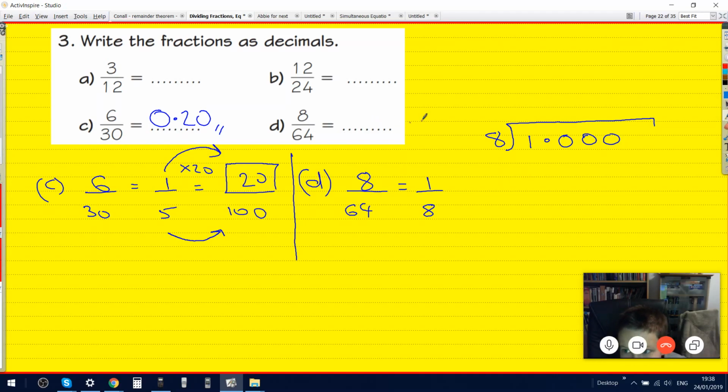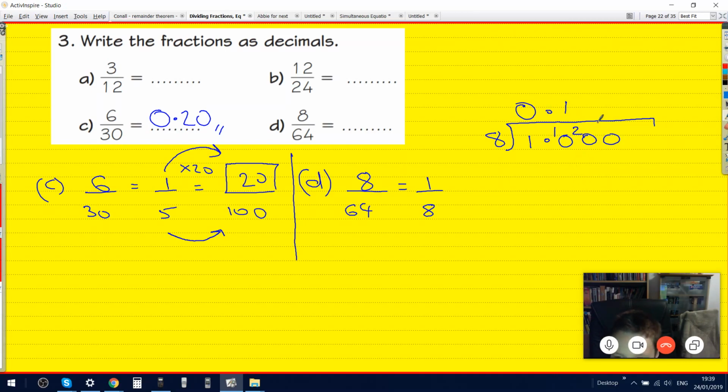And so that's 0 times with 8. Yeah, with 1 left over. How many times does 8 go into 10? That's once with 2 left over. And how many times does 8 go into 20?